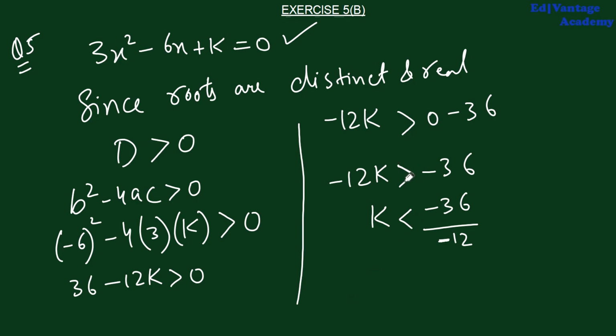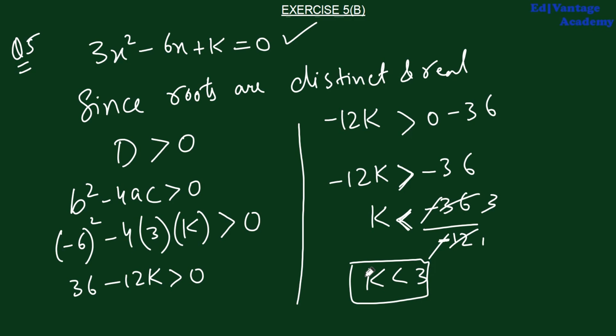So it was a greater than symbol, it became a lesser than symbol. Please don't forget that. The symbol reversed because I took a number which was negative and divided it on the right side. So then you can see 12 ones are 12, 12 threes are 36. k is less than 3. So that's how we got the value of k. That's our answer. k is less than 3. It was a linear inequation.